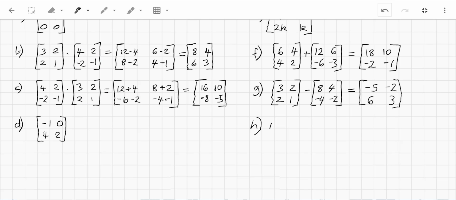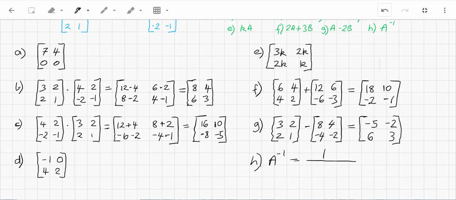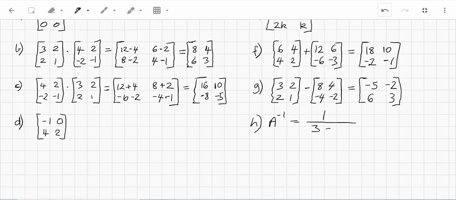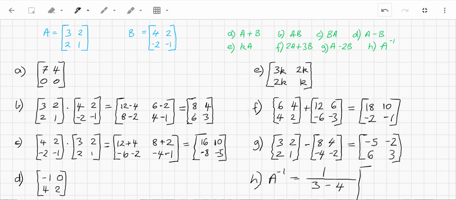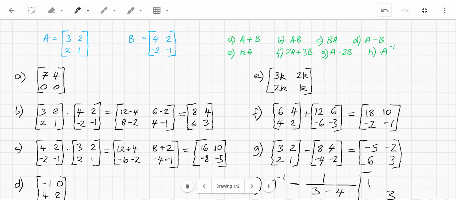Part H, the inverse of A is equal to 1 over AD, so 3 times 1 is 3, minus BC, 2 times 2 is 4. I'm going to swap the A and the D, the 1, 3, and the B and the C become negative.